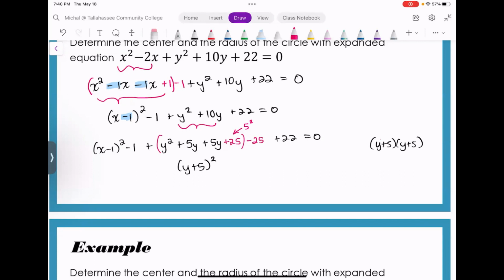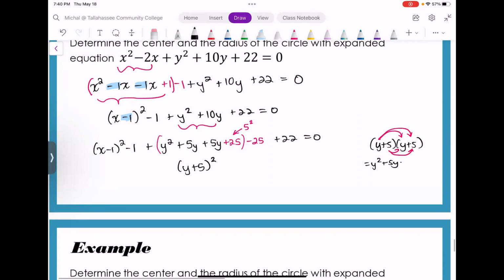That comes from doing y times y and y times 5, and then 5 times y and 5 times 5. And so it's this plus 25 that's needed. And it's always going to be that square term that we're missing. So I'm going to both add it and subtract it so that I can regroup these.